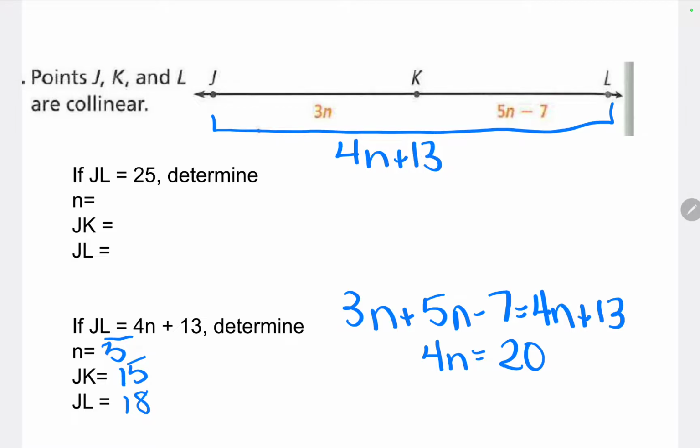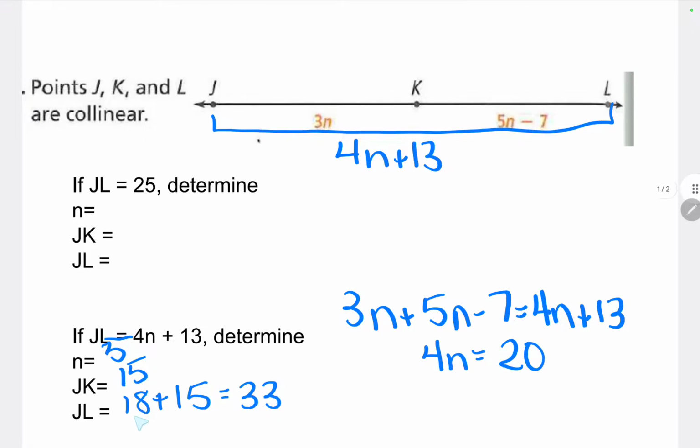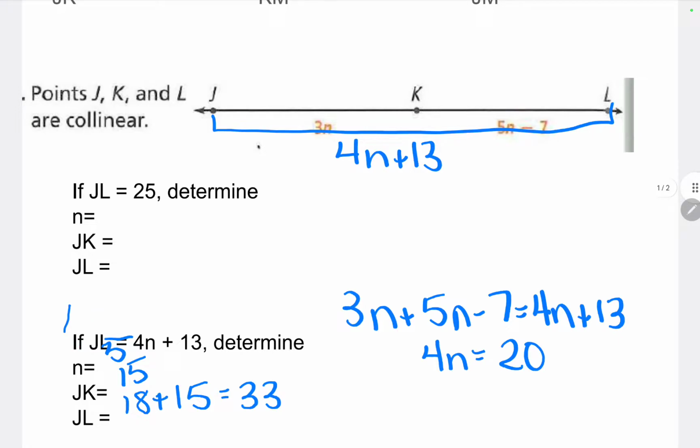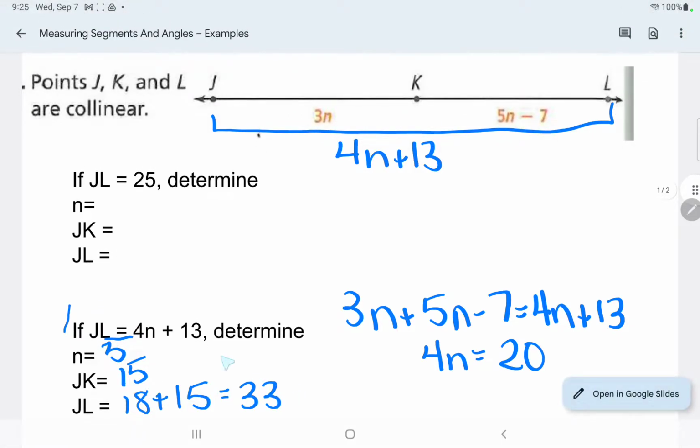That would give us 33, or we can add together 15 plus 18, and that will give us that the entire segment JL is 33. So that's JK plus KL equals JL, once again using the segment addition property.